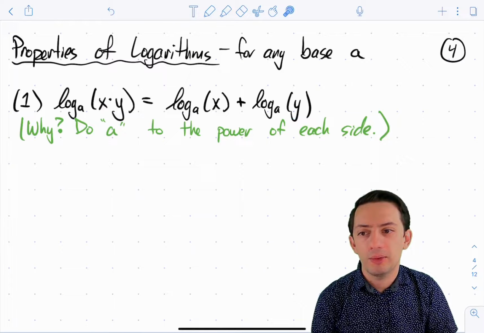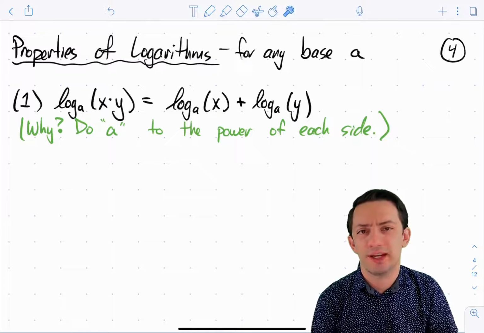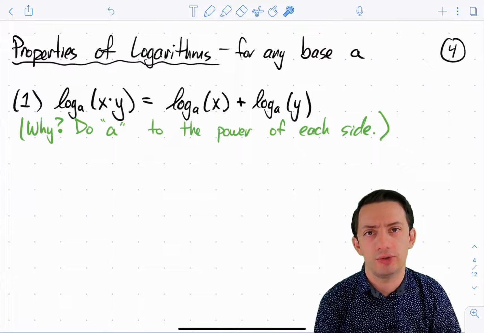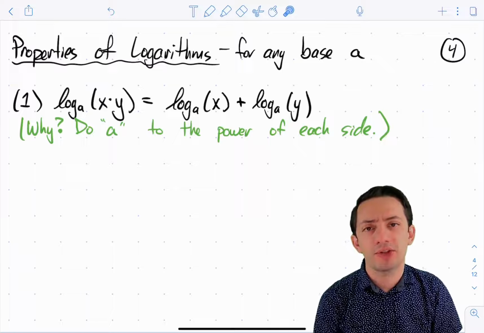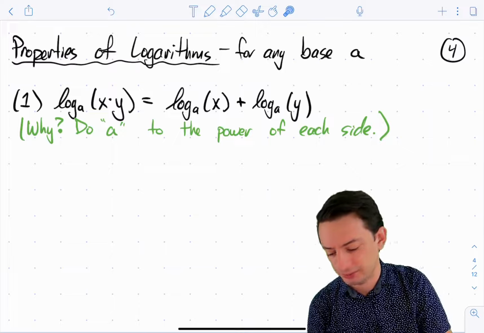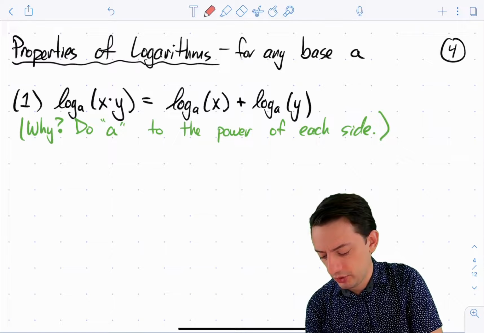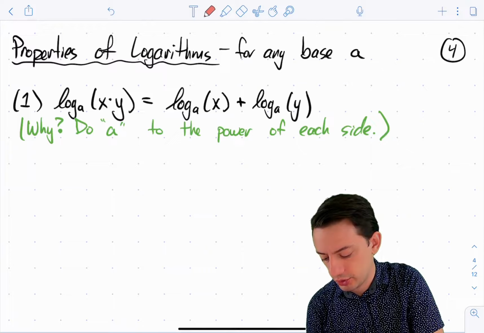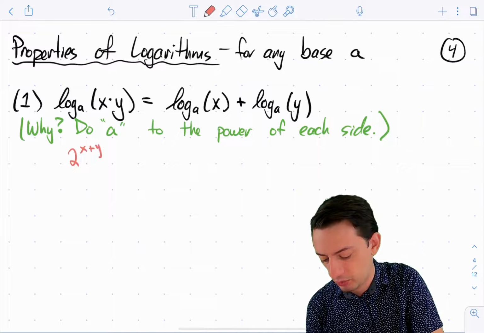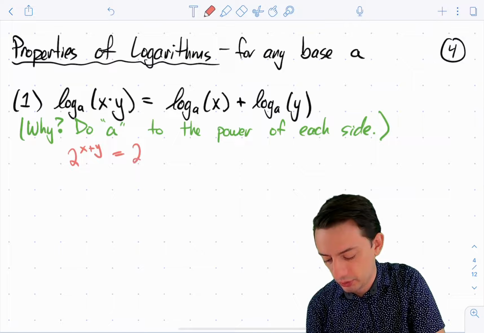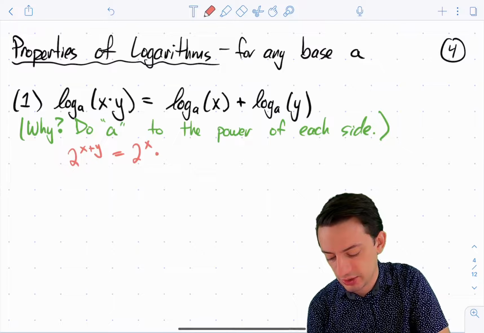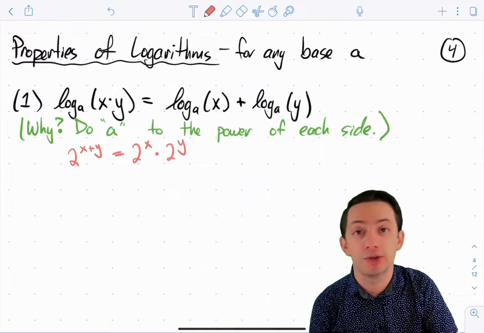Now, you might say, well, why is this true? That's kind of weird. Why does multiplication turn into addition? Well, if you think about some properties of exponentiation, if you think about, for example, 2 to the x plus y, one of the rules of exponentiation says this turns into 2 to the x times 2 to the y.